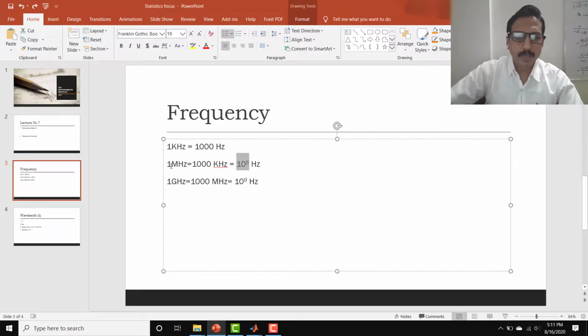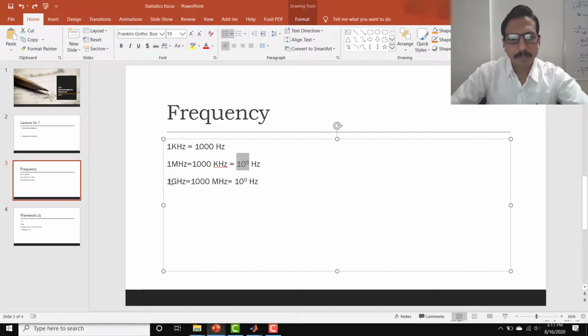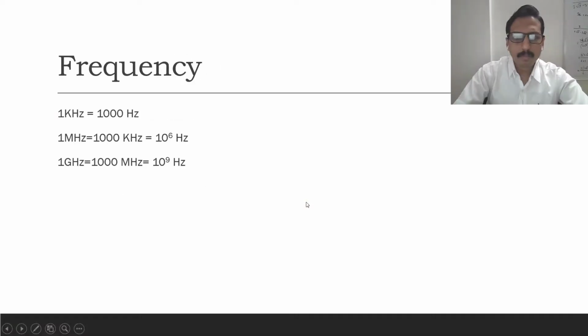You can easily remember this. Giga means 10 raised to 9 hertz. So 1 gigahertz is equal to 1000 megahertz or 10 raised to 9 hertz.